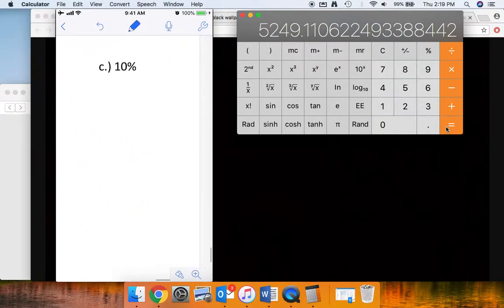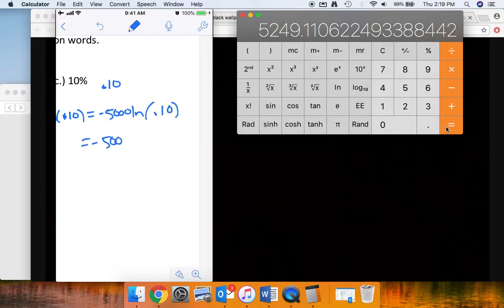Okay. And then last but not least, we have 10%, so we have 0.10, right? Plug that in. And we end up with negative 5,000 ln 0.10 or 0.1, same thing. So 0.1, that'd be negative 2.3, okay, times negative 5,000.